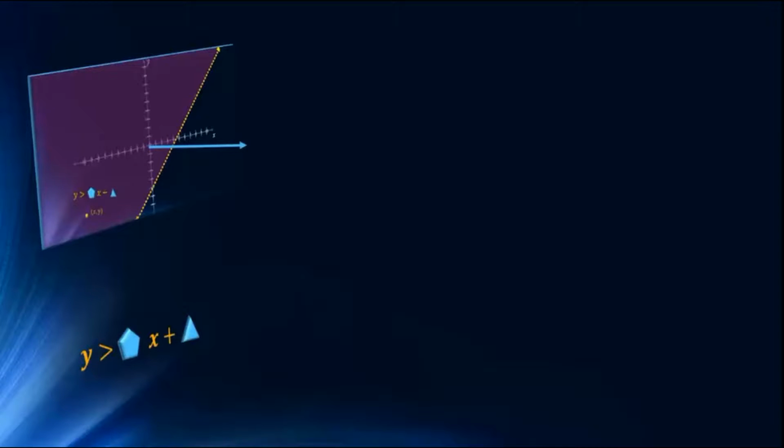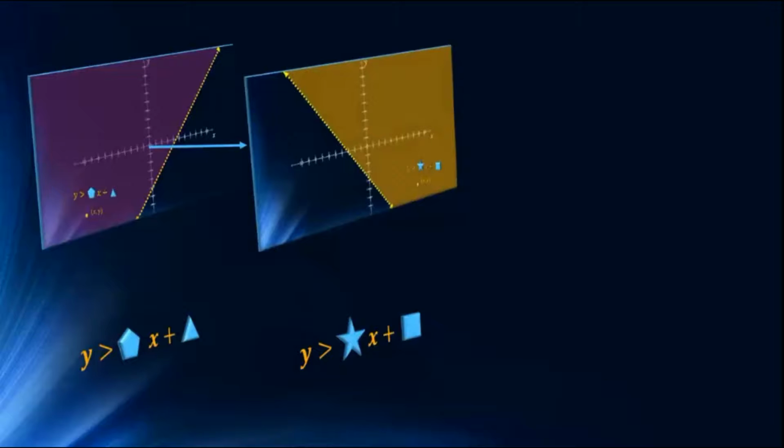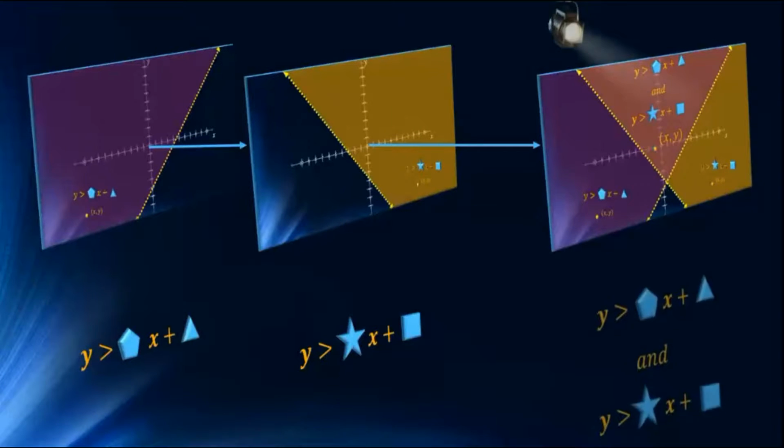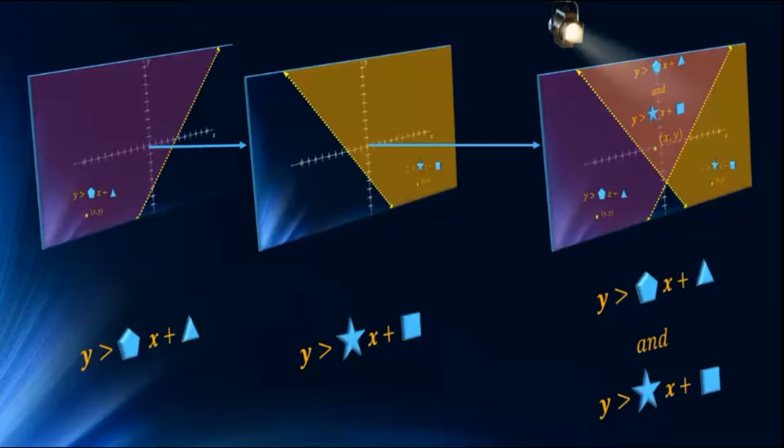Then, on the same graph, we graph the second inequality statement. These two graphs together show us where the points are that are on both graphs.